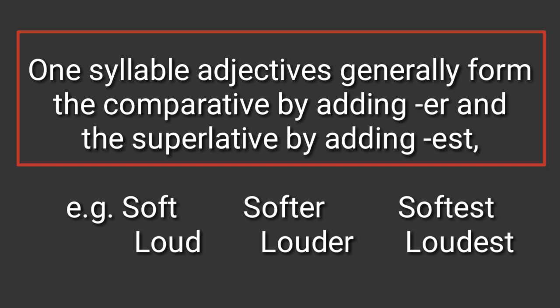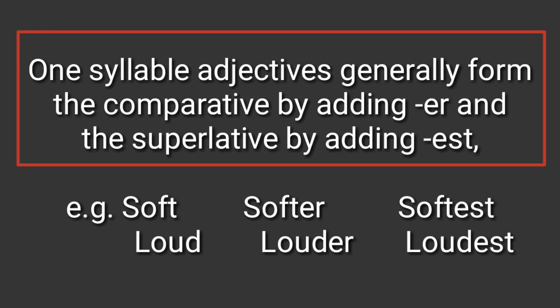Then we added er to make the comparative form of the word loud, and we added est to make the superlative. So for the adjectives with one syllable, we can add er and est to make comparative and superlative forms.